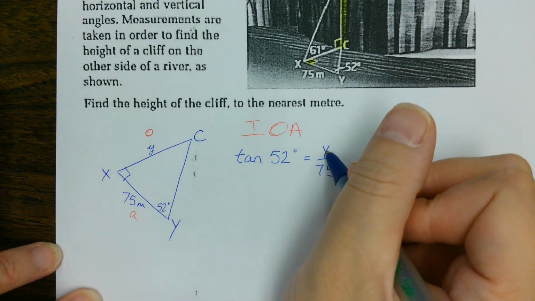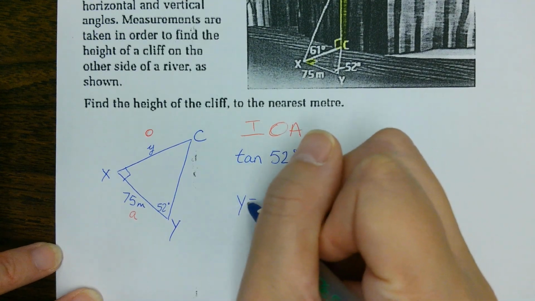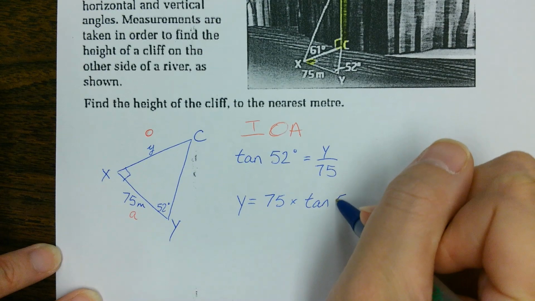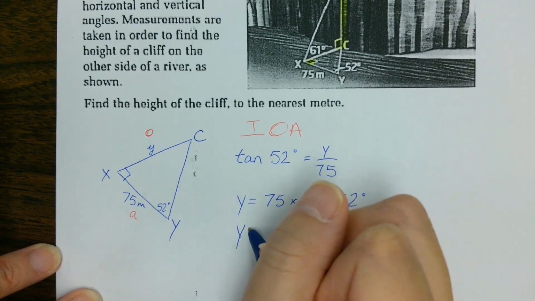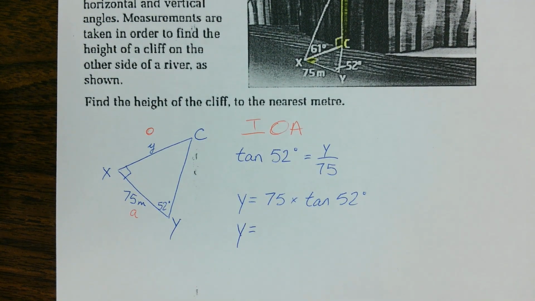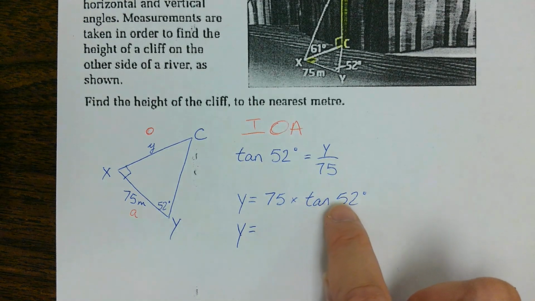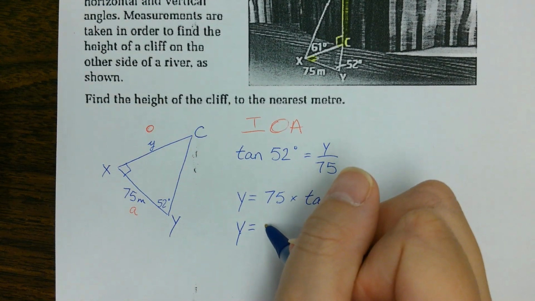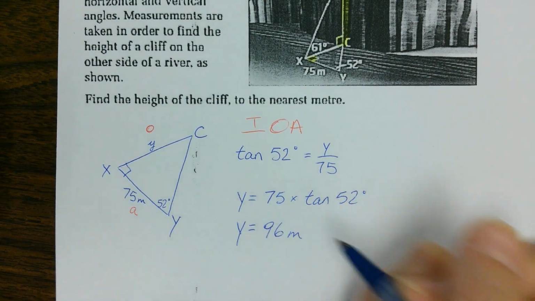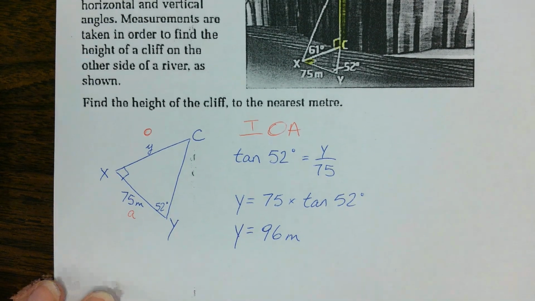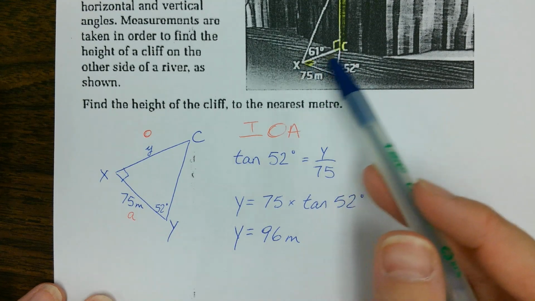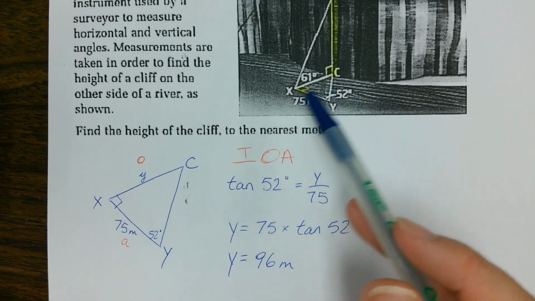So again, my variable is on the top, so I know I'm just multiplying. So I could just simply write this. So tangent 52. But when I do it on my calculator, I still want to make sure I do the tangent 52 first. And then times it by 75. I get 96 meters. Okay, so the width of the river is 96 meters. I just found out what XC is.